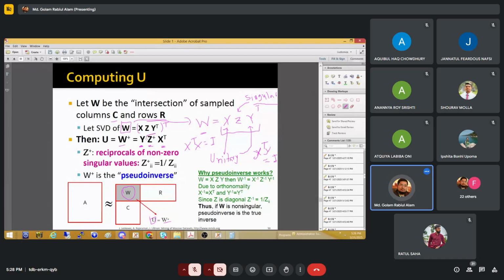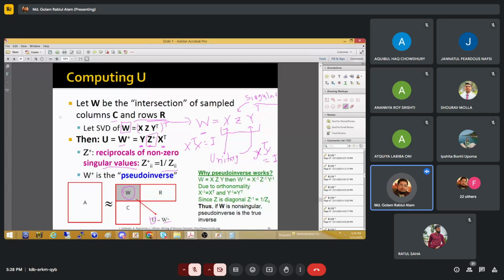Now specifically for G transpose, because it is a diagonal matrix, the singular values will be placed in the diagonal directions. The transpose of this will just be the reciprocal of the non-zero singular values. That means it will be 1 by G1.